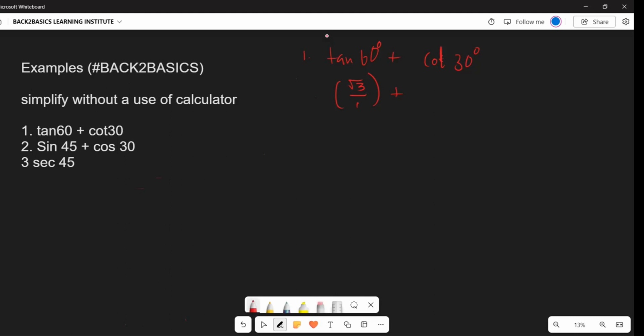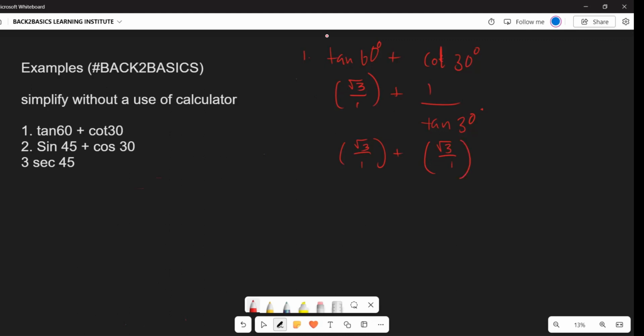So this is root 3 over 1, plus 1 over tan of 30 degrees, which is going to be root 3 over 1 again.